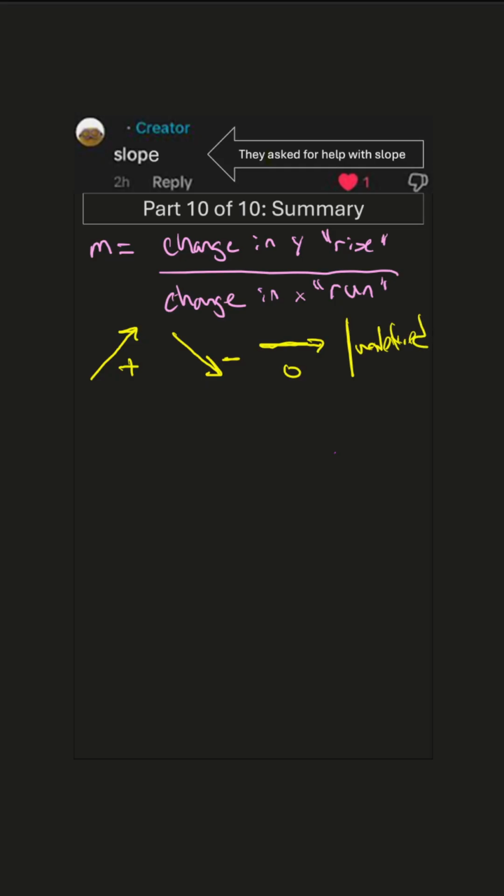All right, so let's look at the 2 different forms of a line that involve the slope. So there's slope-intercept form, y equals mx plus b. So there's our slope, and b here is the y-intercept. That's where the line crosses the y-axis.